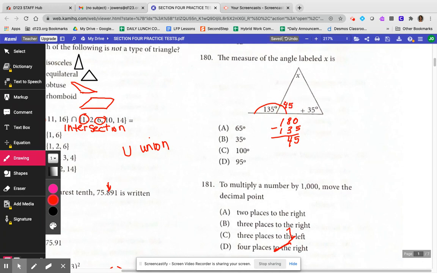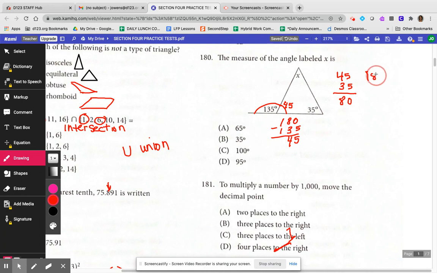Now, the inside angles, all three of these have to add up to 180 as well. So if I add 45 and 35, I get 80. And then I have to find x here.